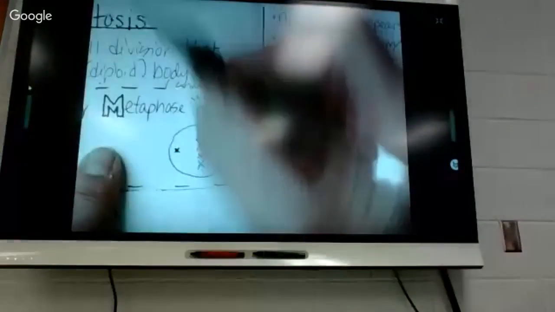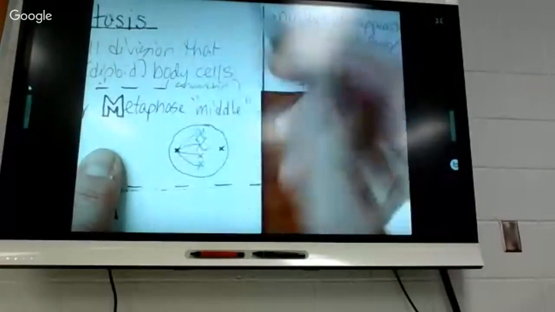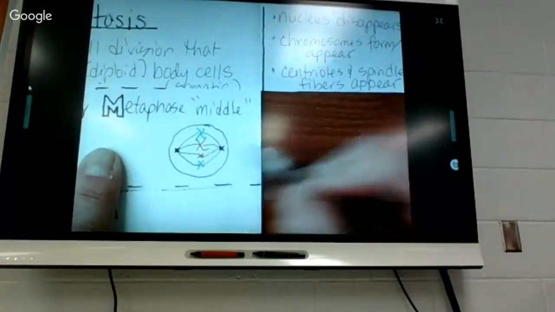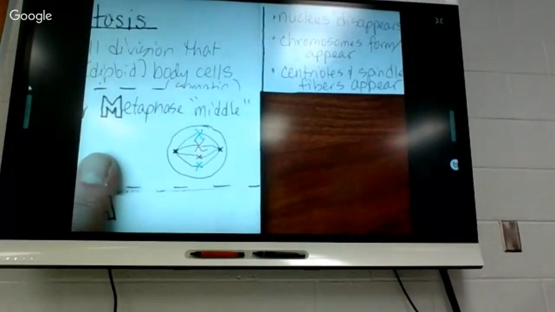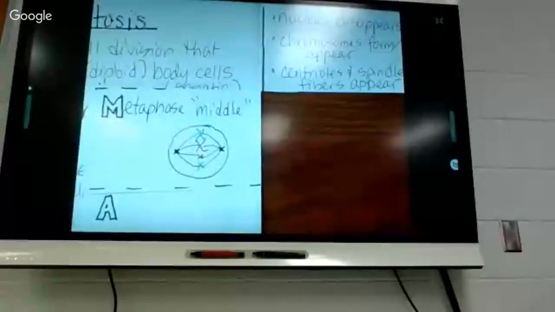And then here are the spindle fibers that connect to them. Like this. Okay? So metaphase, middle.